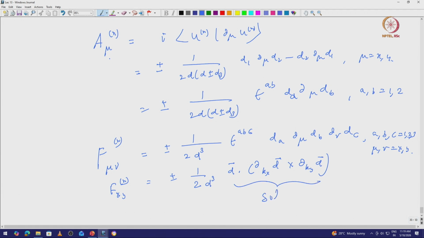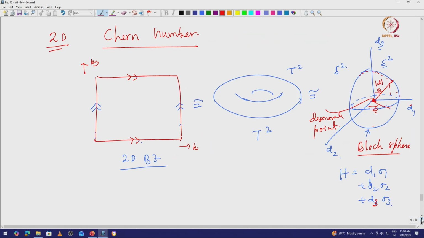The solid angle, I can divide this d for each one, and then I will have. So, let me do it this way, so that we can use both the formula. If I cross it, then I will have the unit vectors. So, then this is like a solid angle in that D sphere, some solid angle.